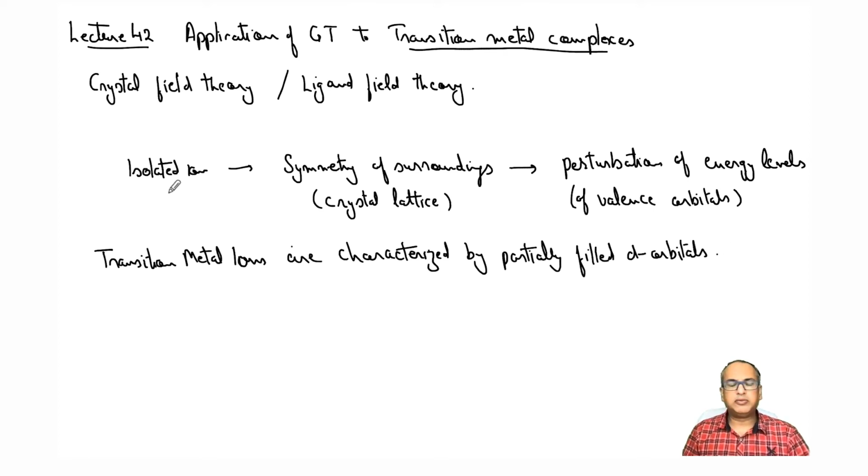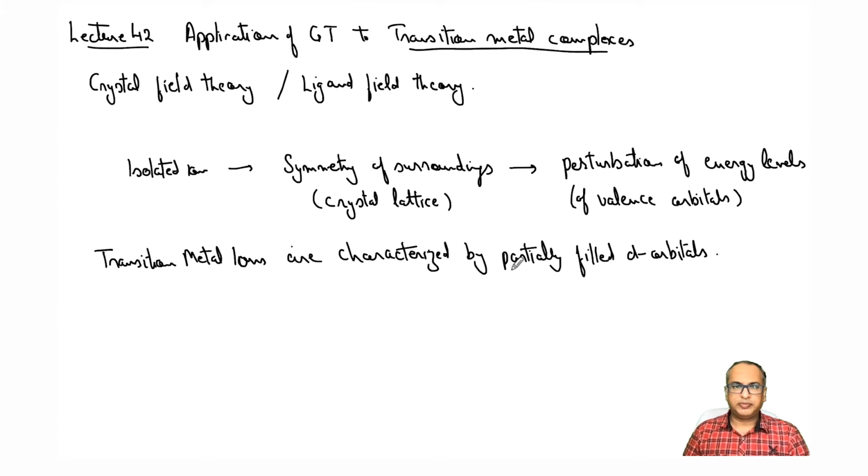So d orbitals would have a particular energy when they are in an isolated ion, and when that particular ion is now put into a crystal lattice of some ligand, then there would be perturbation of the energy levels of those d orbitals. So we'll see how that perturbation happens, which d orbitals are stabilized, which are destabilized, and all that can be explained, at least the relative energies, by group theory.